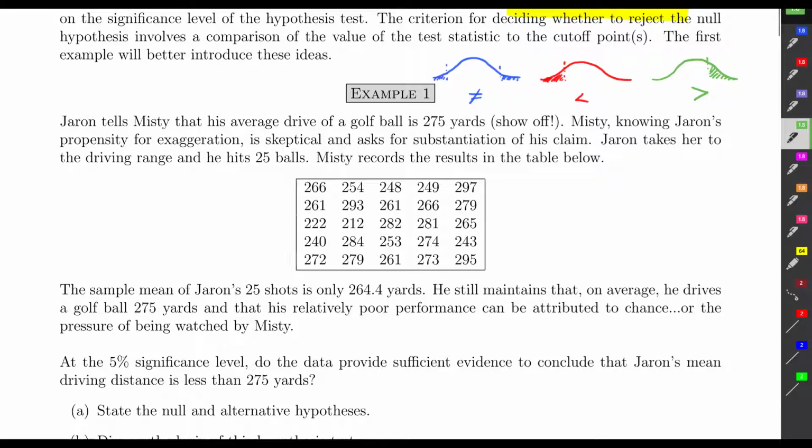Anything that lies to the right, we reject the null hypothesis, and anything that lies to the left, we do not reject the null hypothesis. Keep in mind, we don't say we accept the alternative hypothesis. We are simply either rejecting or not rejecting the null hypothesis.